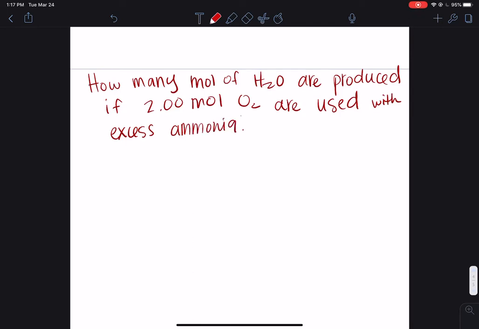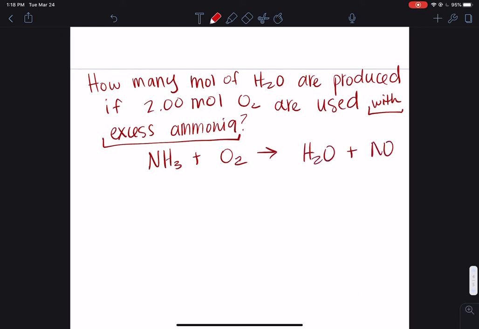The reason I do that is because the reaction is NH3 plus oxygen yields water and nitric oxide. If I don't tell you that I'm adding the ammonia, then the reaction that you see wouldn't happen. You have to have ammonia in there for this reaction to take place.